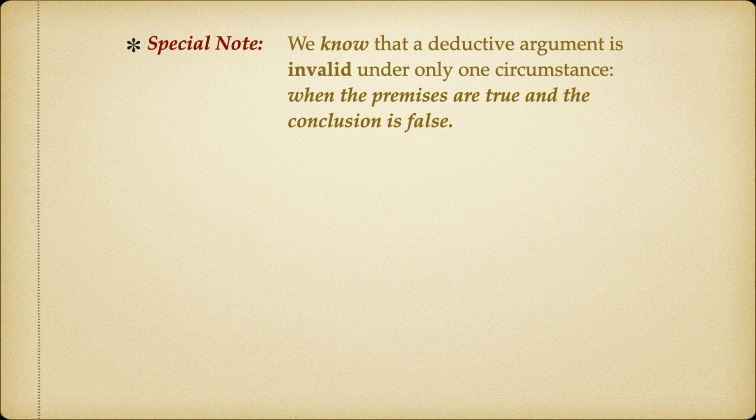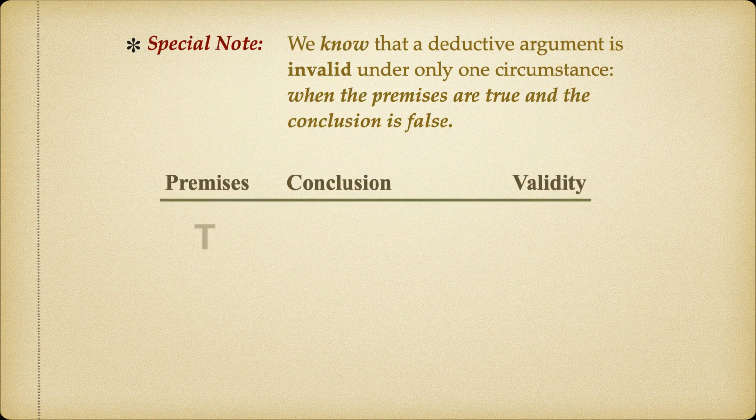As it turns out, even in the absence of knowing any of the specific rules of the different types of deduction, there is one thing that we can know, and that is a deductive argument will always be invalid if the premises are true, but the conclusion is false.